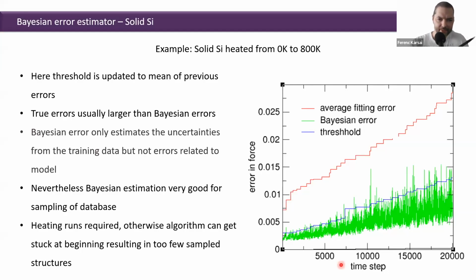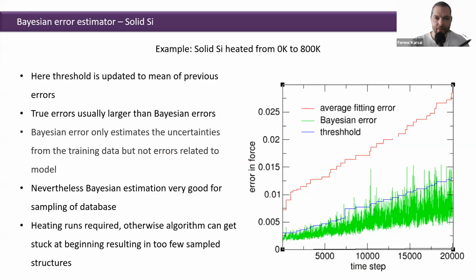On the x-axis, you see the time steps. We had 20,000 time steps. This is a relatively short on-the-fly calculation. You would possibly need around 50,000 to 100,000 time steps, which would mean around 100 to 200 picoseconds. And on the y-axis, you have the error in forces.